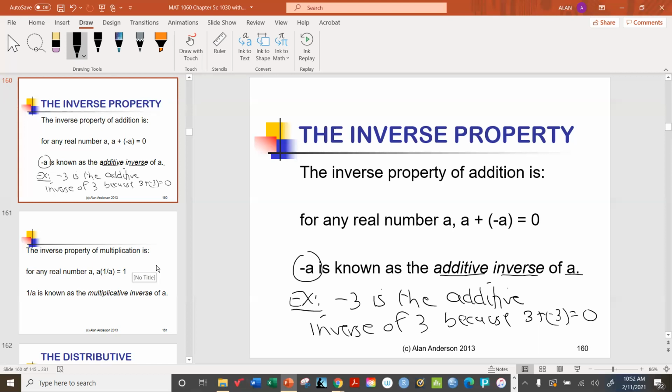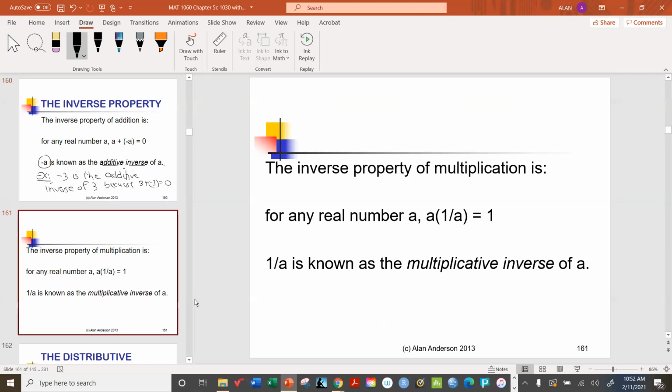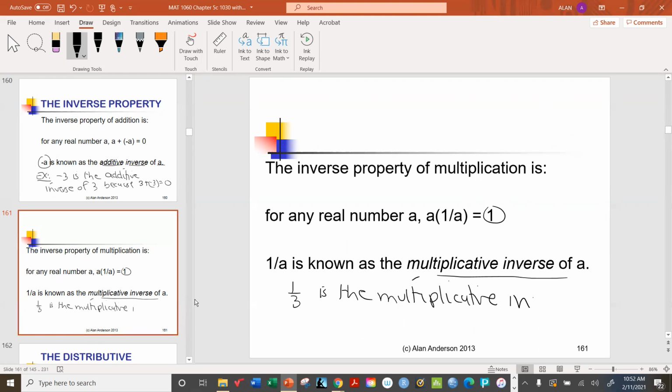All right, so let's move on to this one. If I have any real number a, and I multiply it by 1 over a, I end up with 1, which is, of course, the identity element for multiplication, which means that 1 over a is the multiplicative inverse of a. So, for example, 1/3 is the multiplicative inverse of 3, because their product is 1.